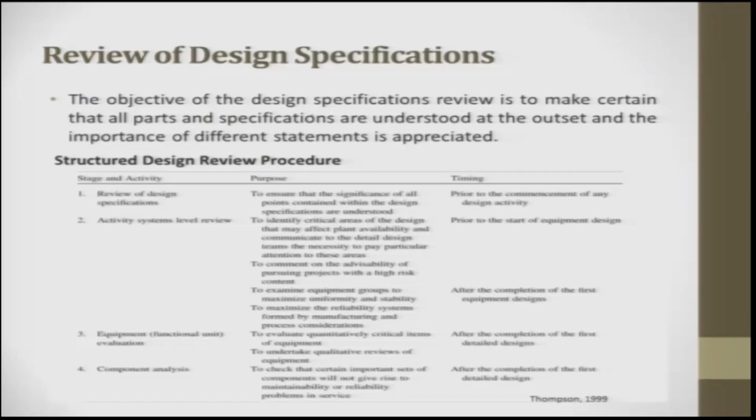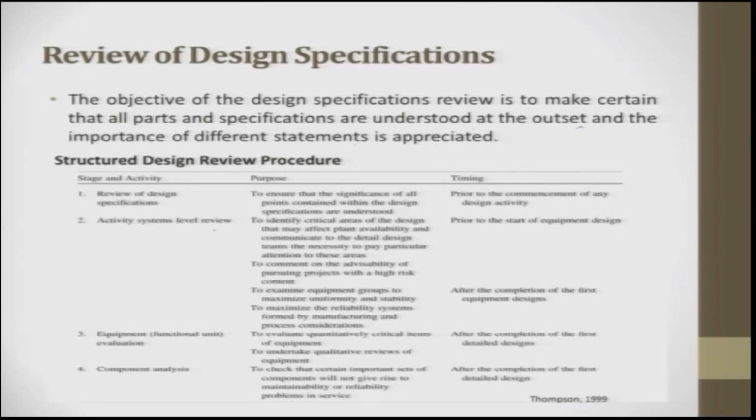So, the objective of the design specification review is to make certain that all parts of the specification are understood at the outset and the importance of different statements is appreciated. The reviewer ensures that all the points contained within the design specification are understood prior to the commencement of any design activity.